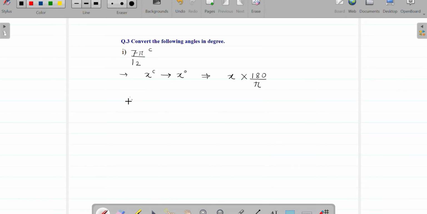So, the given angle is 7 pi upon 12 radian, which is equals to 7 pi upon 12 into 180 upon pi. This pi gets cancelled.